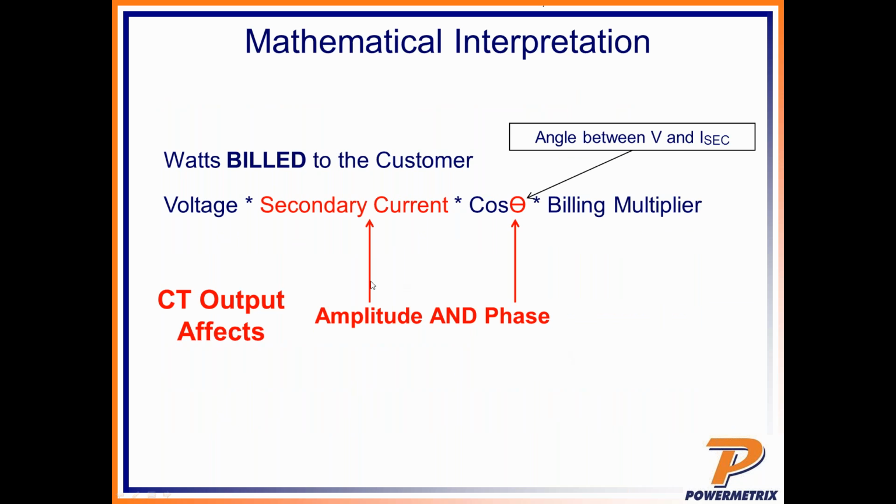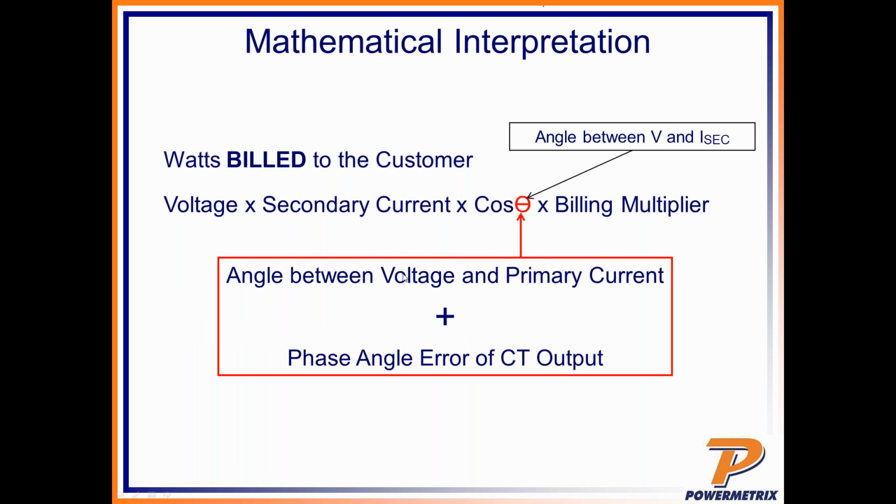The good thing to know is when we're billing the customer, the CT output is going to affect both the amplitude that we get, right? Is it really 5 amps or is it something less than that? And also the phase. So let's dig into this phase a little bit. This phase angle, once again, was between the voltage and the secondary current now.